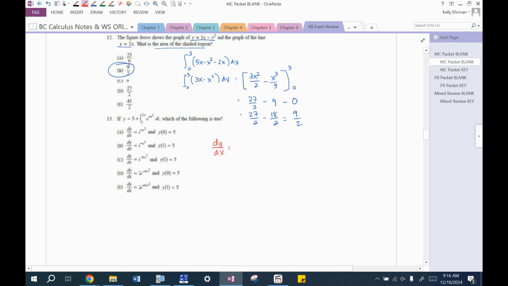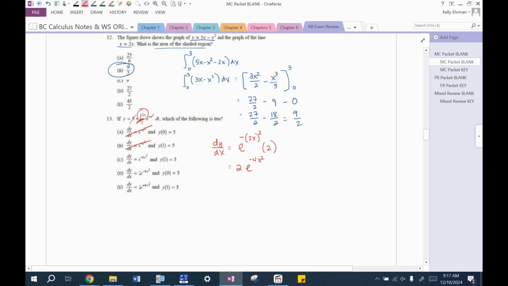If I take the derivative of this, the 5 is 0, the derivative of this becomes e to the negative, plug 2x into that, so negative 2x quantity squared, and remember, you have to take the derivative of 2x. This is the second fundamental theorem of calculus, where we take the derivative of an integral. Okay, so that is 2 times e to the negative 4x squared.